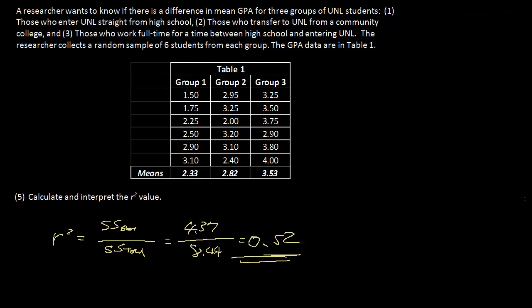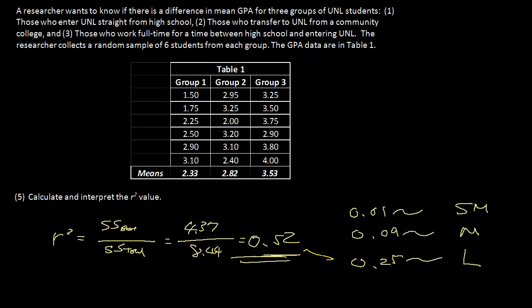So 0.01 is small, 0.09 is medium, and 0.25 is large. So where is 0.52 going to be? It falls into the large category. So it's a large effect.